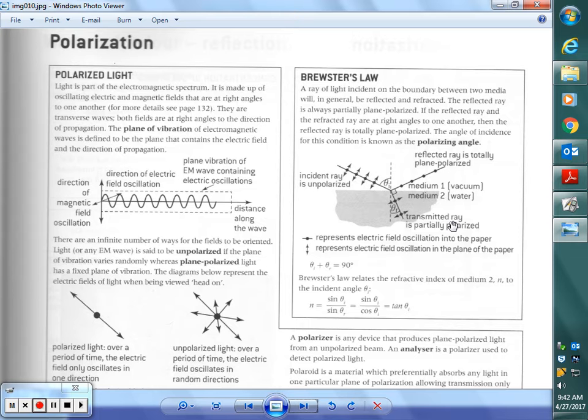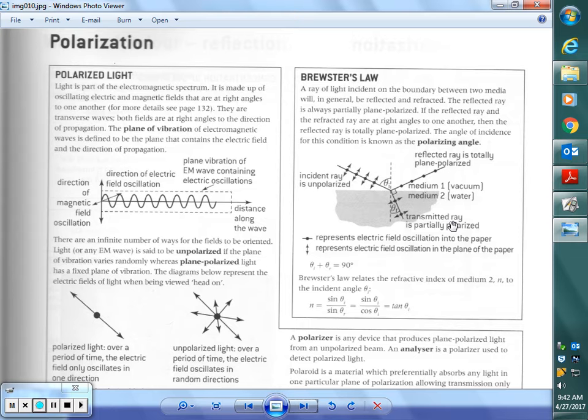wave motion. So technically, if a wave is moving along, let's say, the x-axis, any wave that vibrates in the z or y-axis is perpendicular. Yes, because the z and the y-axis are both perpendicular to the x-axis.